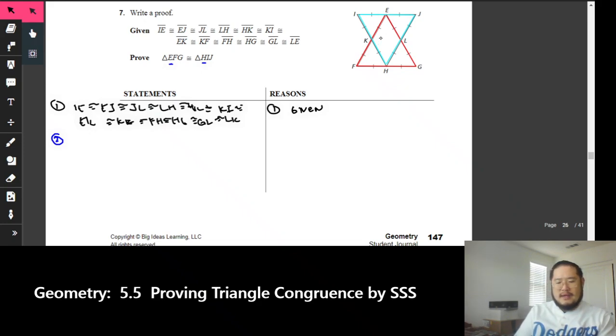Well, how am I going to do that? Remember, there's a thing that we learned early on. Let's start off with this. I could say that segment EF is equal to EK plus KF.